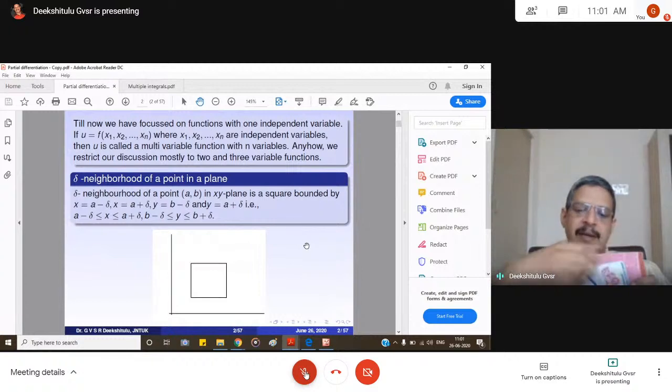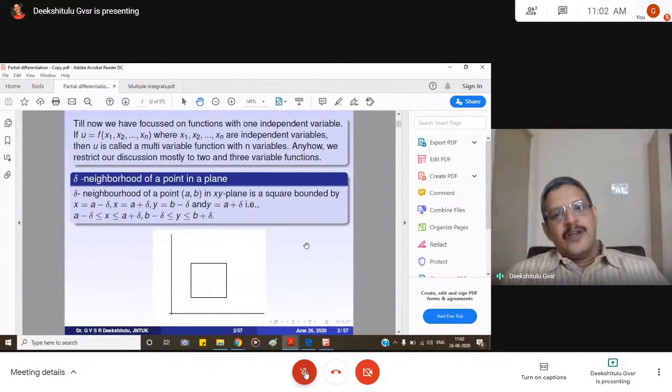So the heat is a function of these x and y variables. The temperature is changing with respect to the x-axis and y-axis. So your temperature is a very good two variable function.